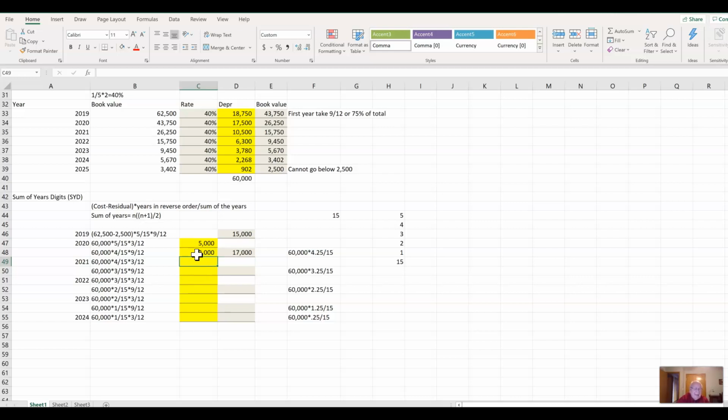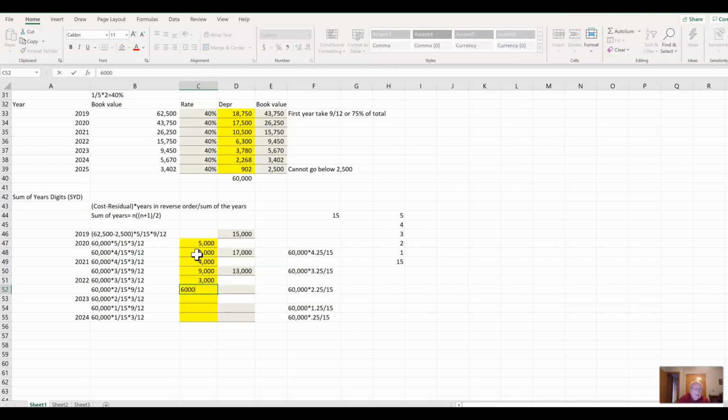Then you finish up that year times the 3/12, and that gives us the 4,000. And then you start the next year, the 3/15 times 9/12, and that gives you 9,000 for a total of 13,000. And then you finish up that year, the 3/15 and the 3/12, that gives you the 3,000.